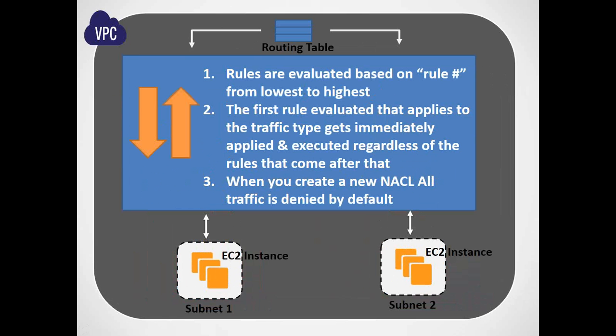And the first rule that you evaluate applies to the type of traffic, and then based on that, all the other things will be there. Now, what do we mean exactly by a rule? Now, let's say for a machine, you are saying the first rule is allow the port number 80 to be accessible through HTTP.